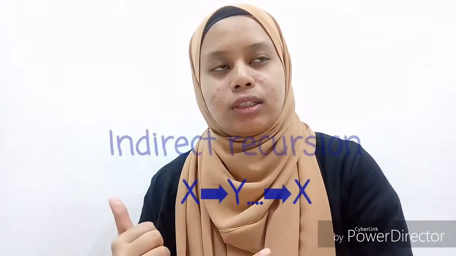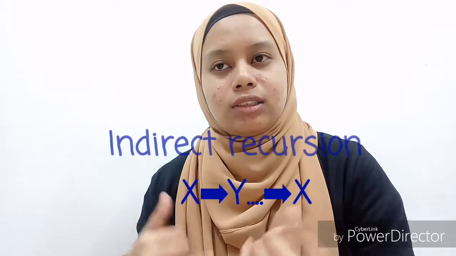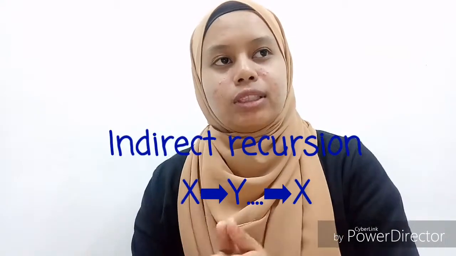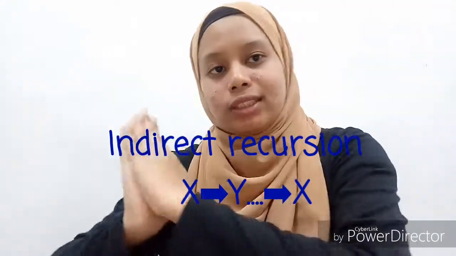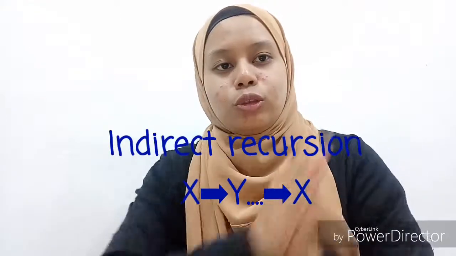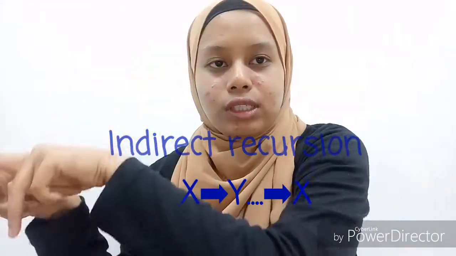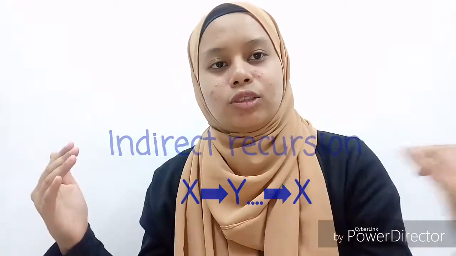And for indirect recursion, the method goes through other methods. For example, X wants to go to X itself, but it goes through X to Y to Z and reaches X back. So that is called indirect recursion.